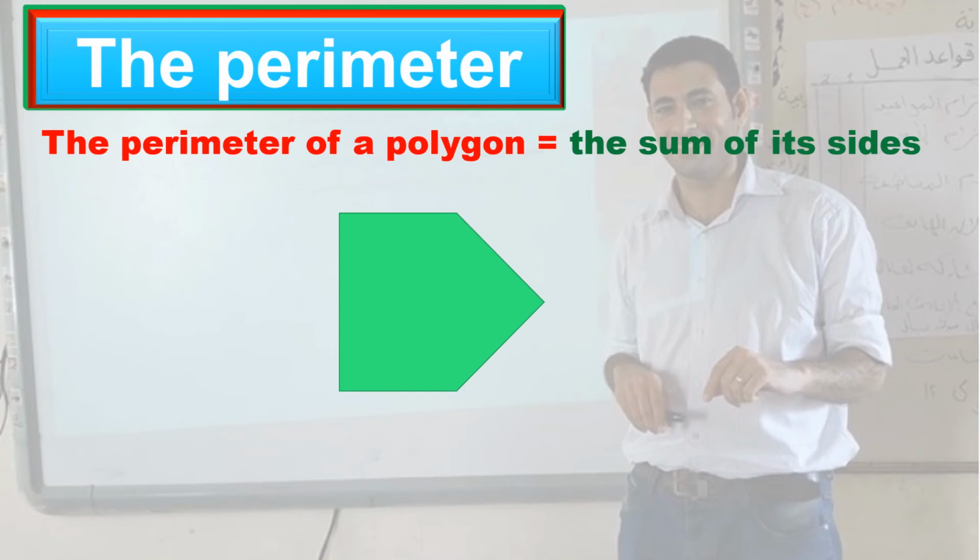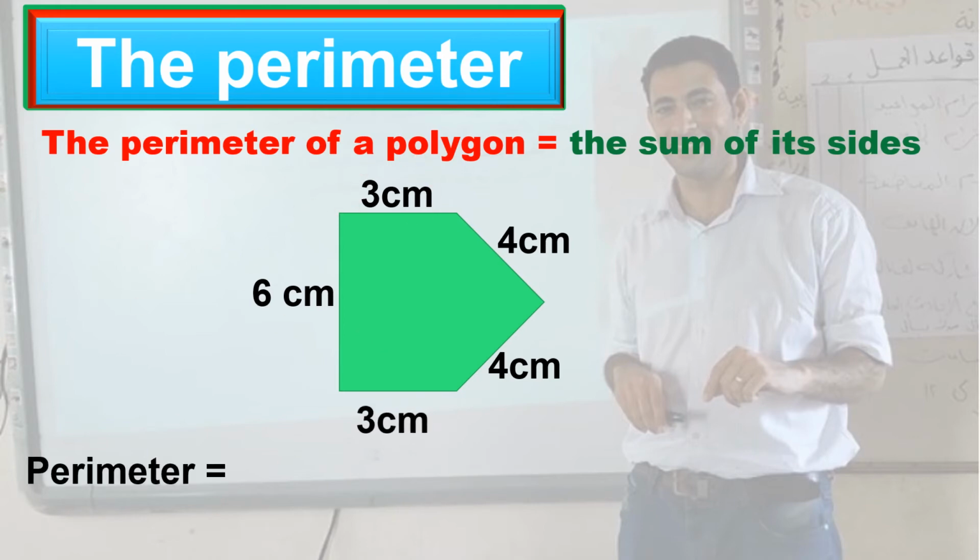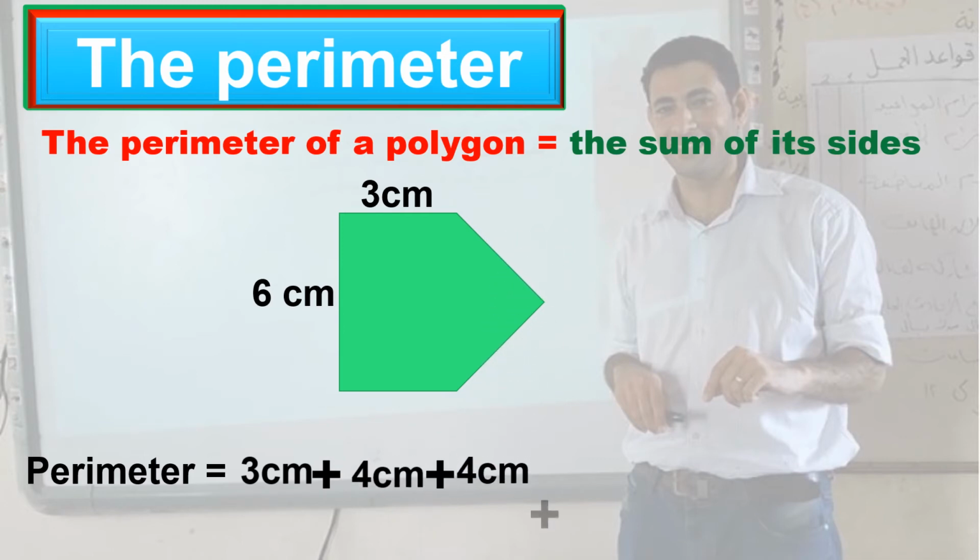As an example, in this pentagon the lengths are shown on the figure. يبقى الاشكال معروضة قدامنا، القياسات بتاعتها موجودة. 4 سنتيمتر، 4 سنتيمتر، 3 سنتيمتر، 6 سنتيمتر and 3 سنتيمتر. The perimeter equals 3 centimeter plus 4 centimeter plus 4 centimeter plus 3 plus 6 and so on.